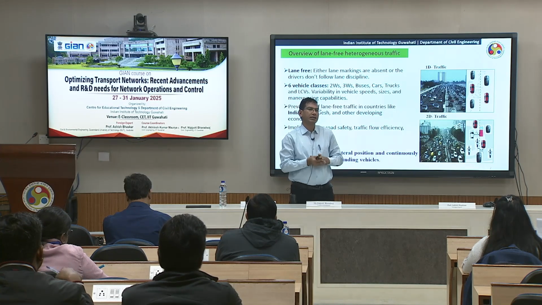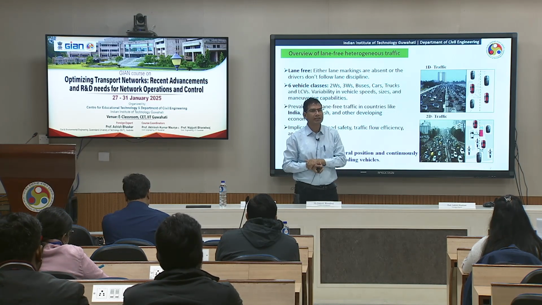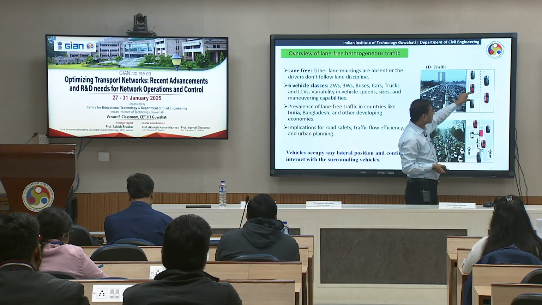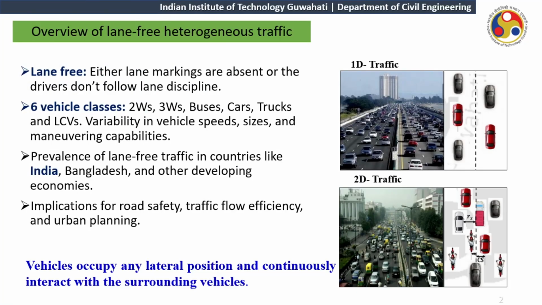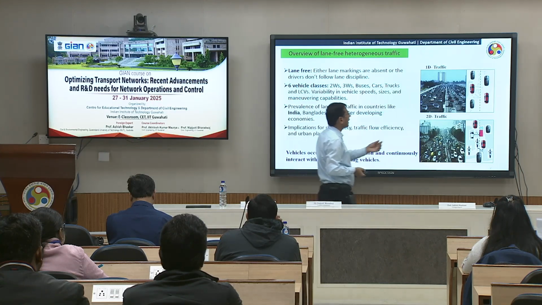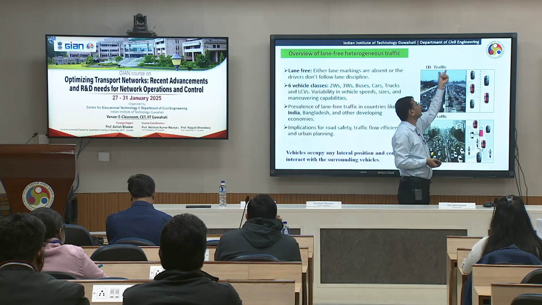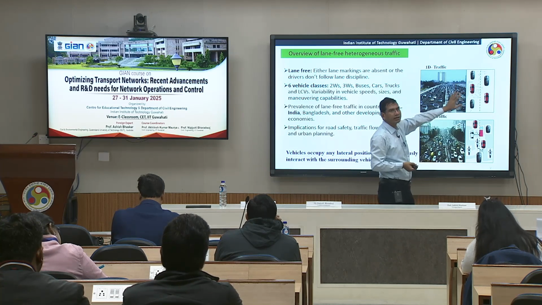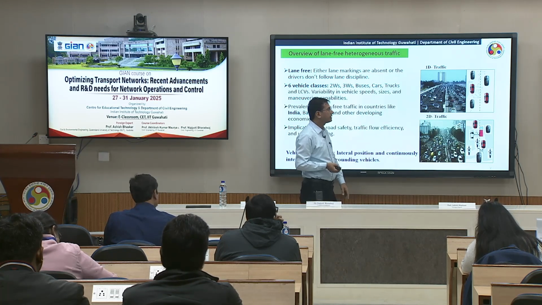One-dimensional interaction is considered if you want to model this kind of traffic, because you will be measuring what kind of distance headway is there, what relative speed, what is your speed, what is relative acceleration, all those parameters only with respect to the leading vehicle, not the vehicles on the side. That kind of interaction we call one-dimensional or longitudinal interaction, which becomes the dominant criterion in these cases.